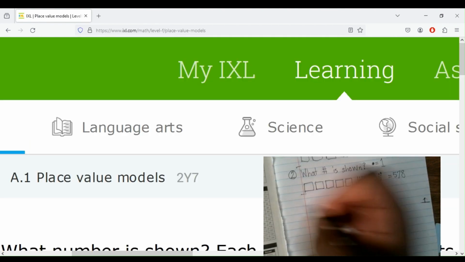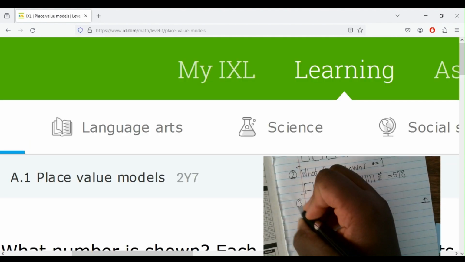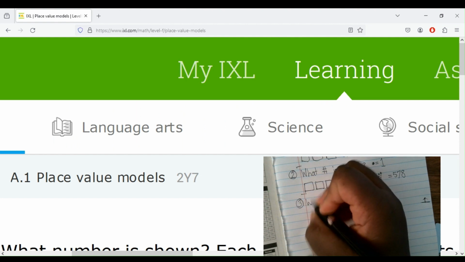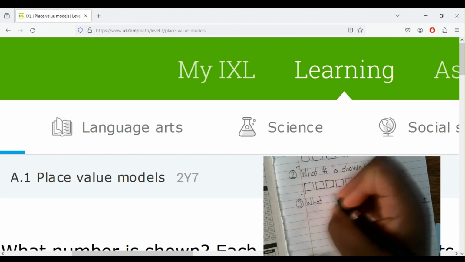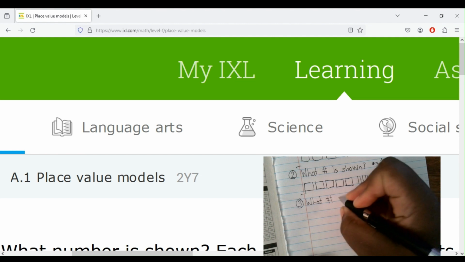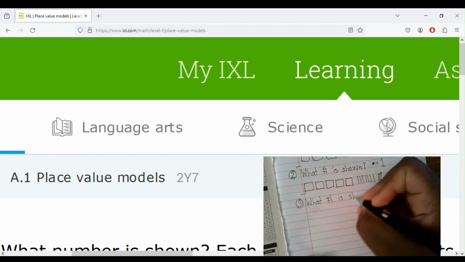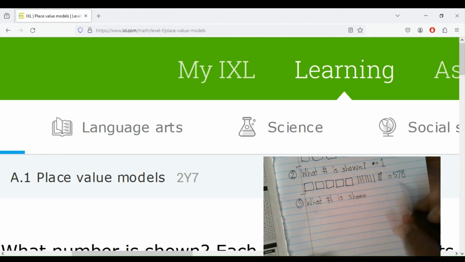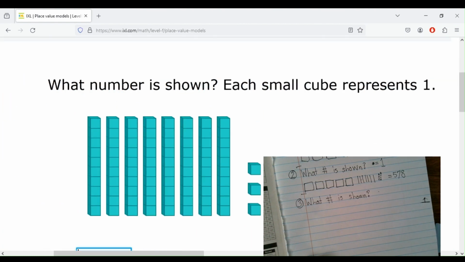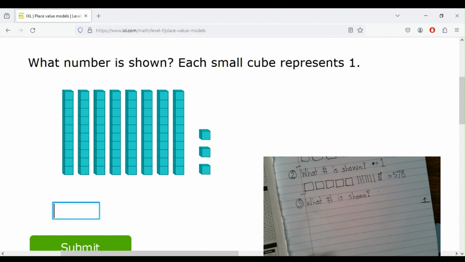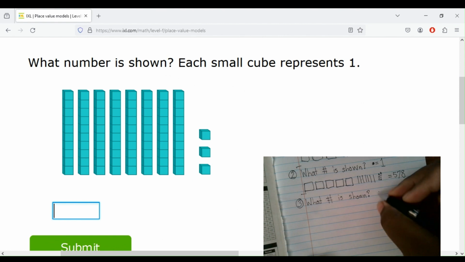I'm going to skip a line, write problem number 3, and circle it. What number is shown? Each small cube represents one whole unit.